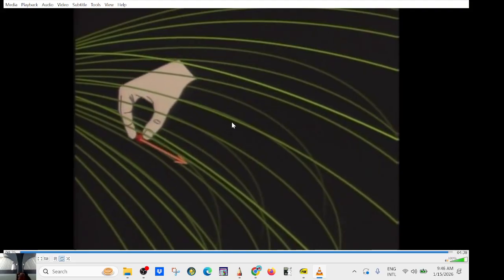Sometimes they will give you an electric field and they don't show you the source. So you have to understand that a positive charge will go with the field. A negative charge will go against the field, right?